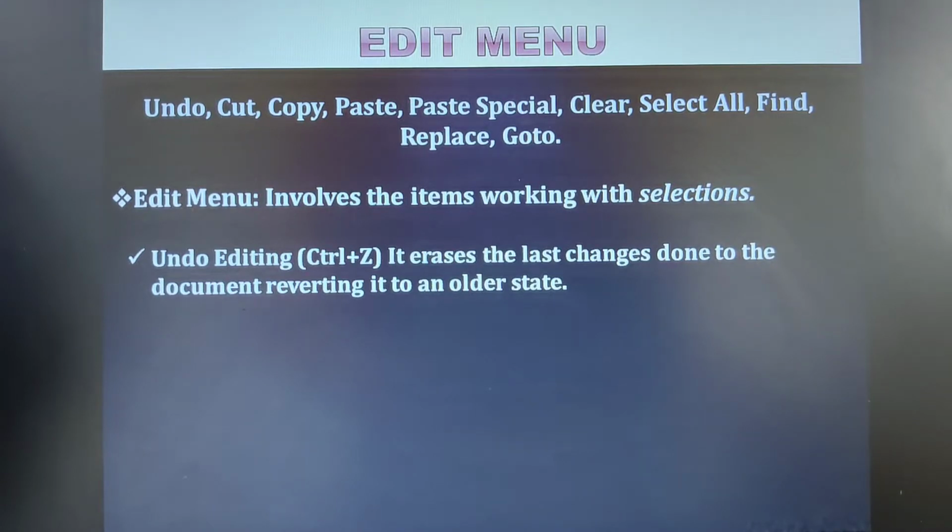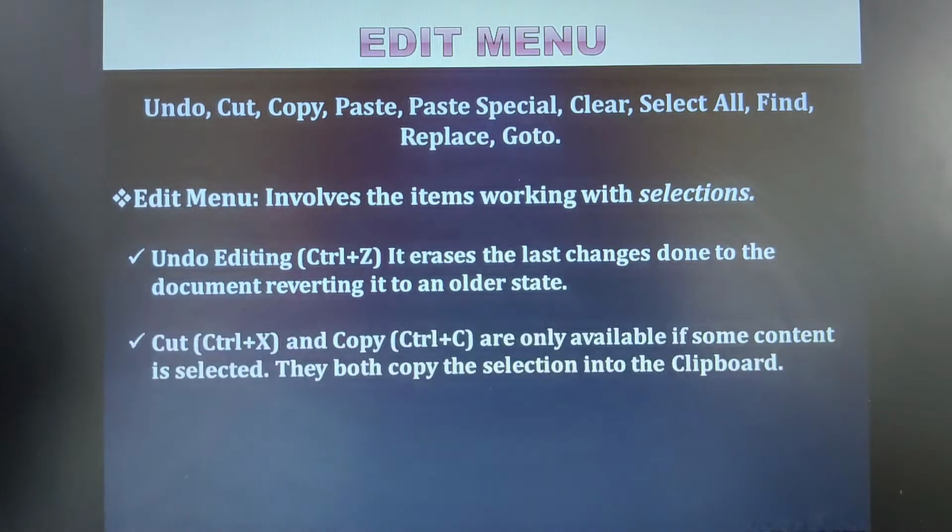The next option we need to discuss is cut and copy. Cut shortcut key is Ctrl X, copy is Ctrl C. These operations we can perform only when we have selected certain content. Suppose you select content and go for the cut option, the content that has been selected will be stored in the clipboard.